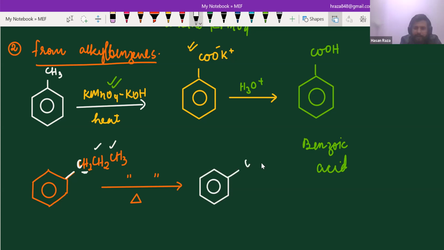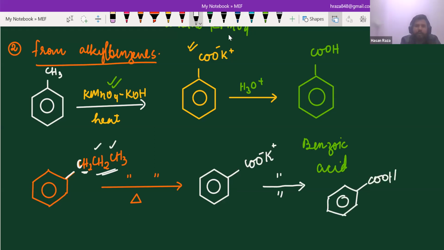So this will be directly converted into COO minus K plus, and the rest of the chain will be broken and formed as a byproduct. And then again you are going to pass this through H3O positive, and K plus will be replaced by H, and here you can get your benzoic acid. Please be focused here. Why didn't I remove this hydrogen?